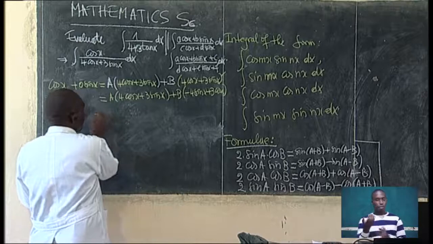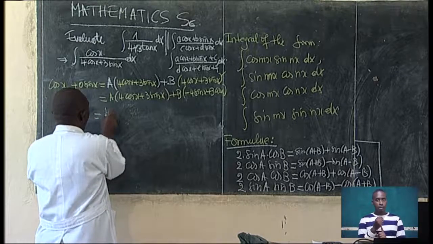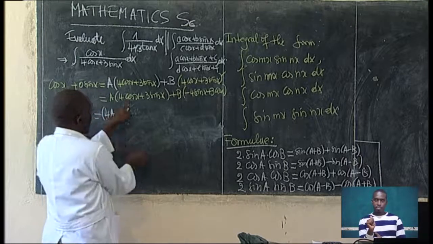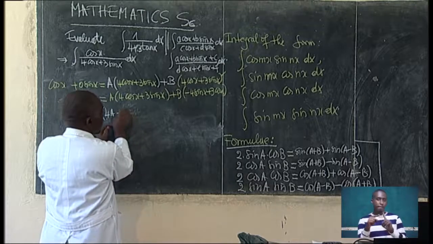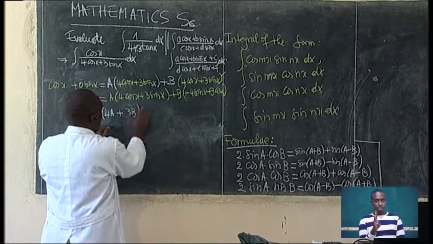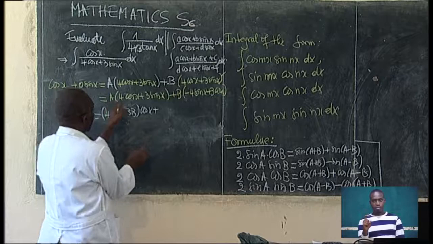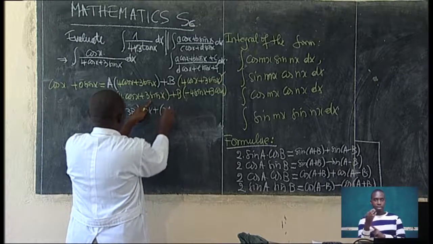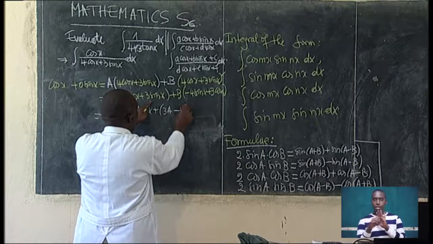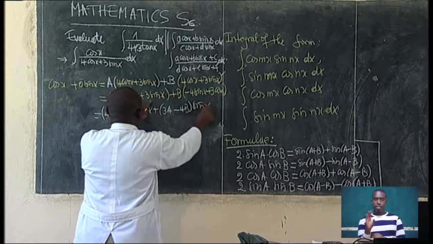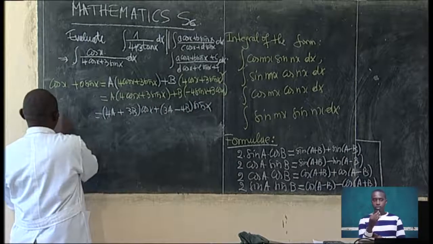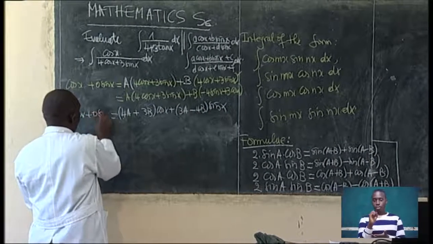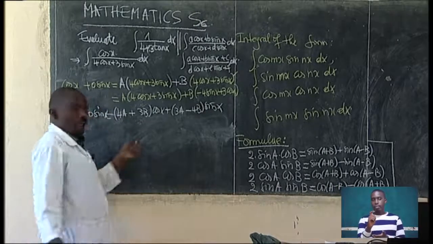So we'll be having 4a plus 3b cos x plus 3a minus 4b sine x. Of course, this is cosine x plus 0 sine x.